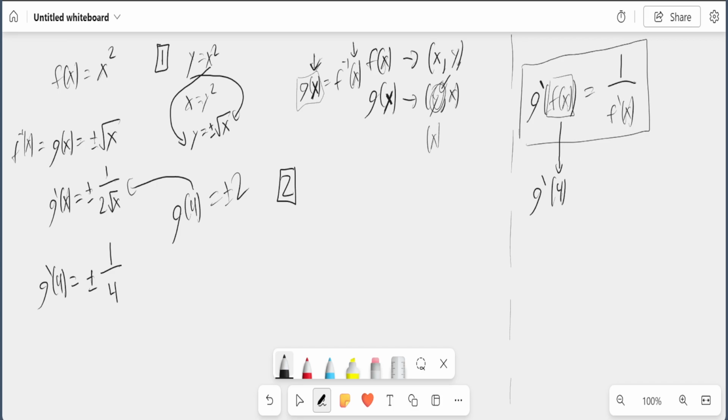And that's saying, okay, I want g prime of 4. I know that g prime of f of x is equal to 1 over f prime of x. So I need the f of x over here to equal 4, right? So what can I plug into x in the f of x to get 4?